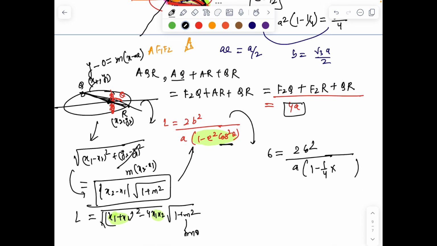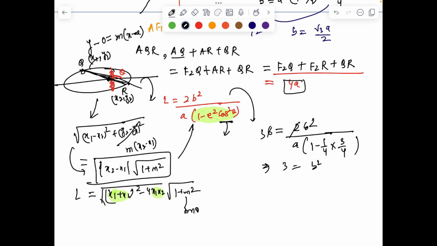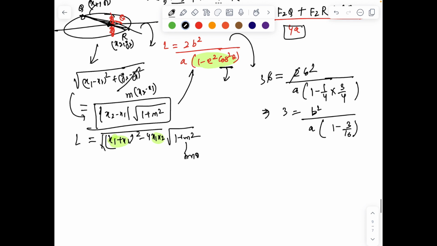So from here, cos of 150 will be minus cos 30, which is root 3 by 2, minus root 3 by 2 whole square, so that's going to be 3 by 4. And from here the value that comes will be 3 equals b²/a times 1 minus 3 by 16. So we get 3 equals b²/a times 13/16, right?